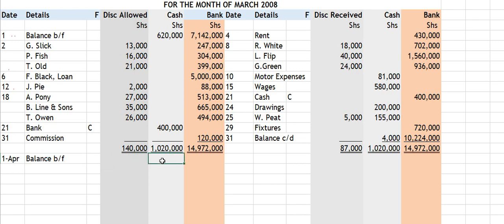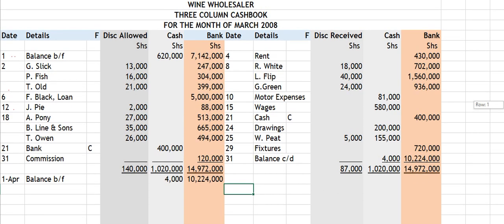Cash is 4,000, and then the bank is 10,224,000. So that is your 3-column cash book, duly balanced.